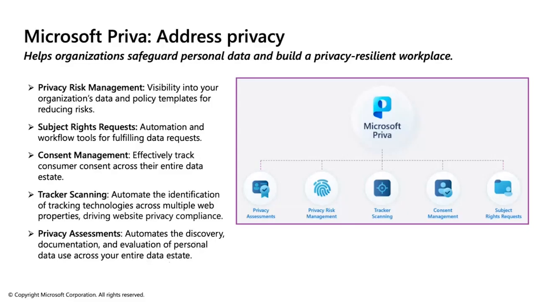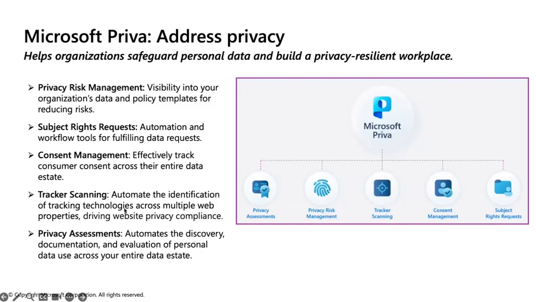Now with this, you can see visibility into your organization's data and privacy policy templates. You can apply policies to reduce the risk. So these two work together: this will assess the environment, and then you can use this to create policies. Also, you can use tracker scanning and consent management.